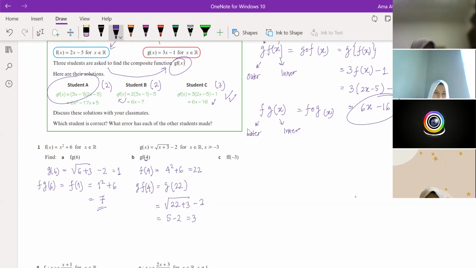So the inner here is f of 4. We are changing x in the function of f with 4. So x squared plus 6 becomes 4 squared plus 6. The square of 4 is 16, and 16 plus 6 is 22.